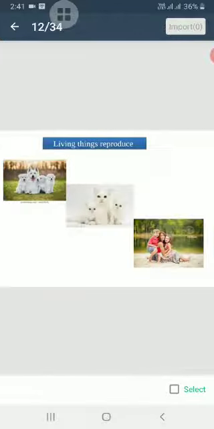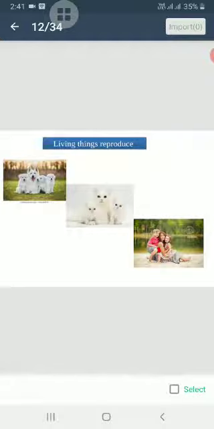The next one is, living things reproduce. All living organisms reproduce their own kind. Animals such as human beings, dogs, cats, or cows give birth to new animals like themselves. We all know that baby birds hatch from eggs.